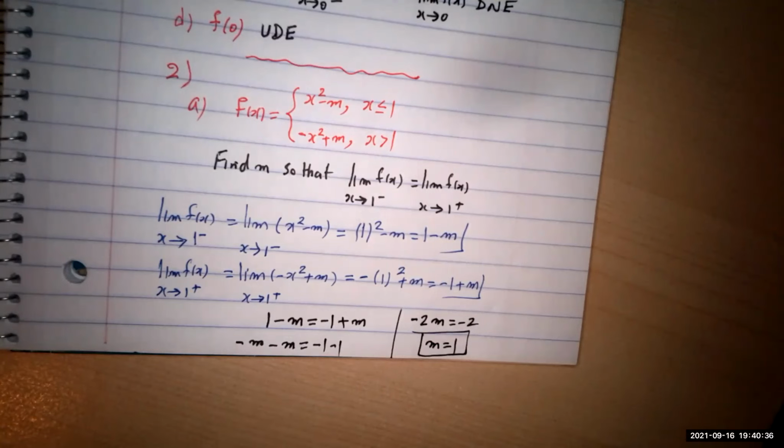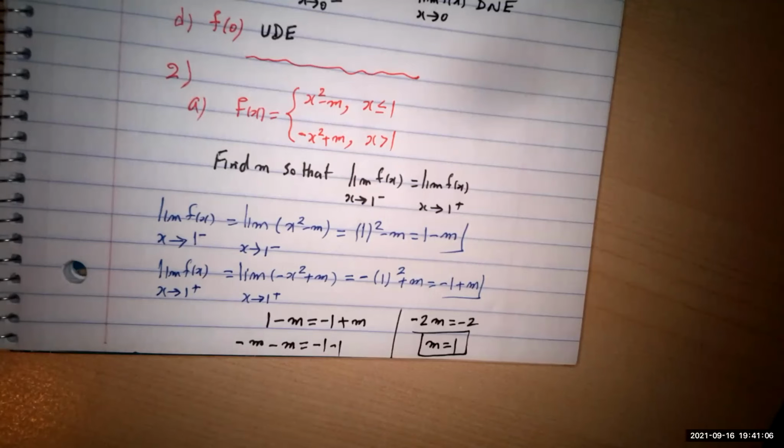But 1m is positive, so why wouldn't you put positive m? Negative m on one side, positive m on the other side. What are you going to do? You have to subtract it to get everything on one side of the equation.